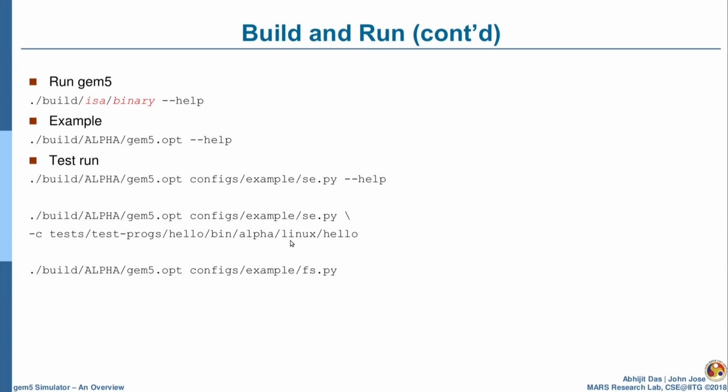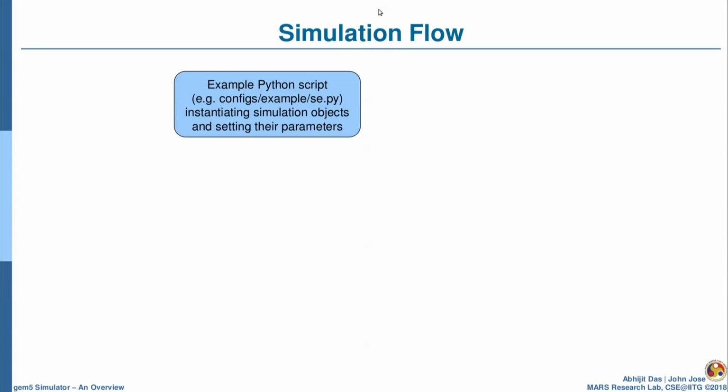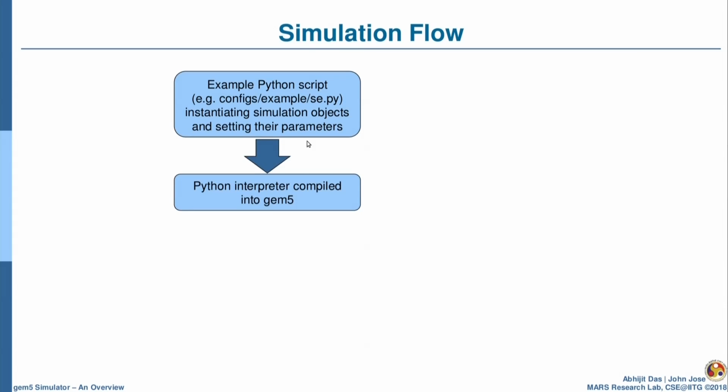We can also try simulating full system mode, but since it is out of the scope of our syllabus, I am not showing it here. To understand the simulation flow, we give an example Python script. In this case, we gave se.py, which instantiates simulation objects and sets their parameters.